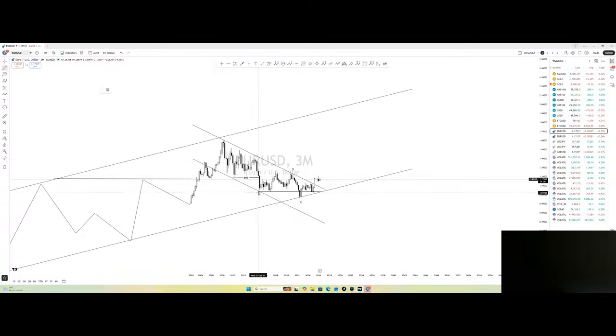After break of market structure with an impulse, that area you can mark out, or that area there. That is a sweep of liquidity. This is a sweep of liquidity.